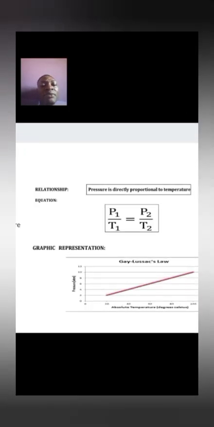And the perfect relationship is that pressure is directly proportional to temperature, which means as pressure increases, temperature increases. The mathematical equation shows that P1 over T1 is equal to P2 over T2.